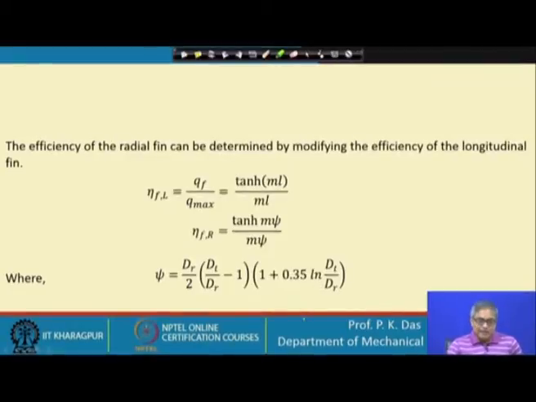And in this, if you provide dt by dr close to 1, you will find that it becomes a longitudinal fin. So, we now have two ways: either we can use the chart for the efficiency of the radial fin, or we can use this kind of formula and go ahead. The formula is quite handy to use.